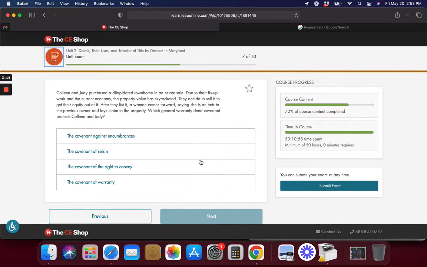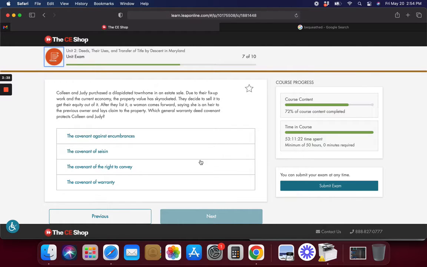If I pass this, it'll be a miracle. Okay. They purchased a dilapidated townhome, which means fallen apart, in an estate sale. Due to their fix-up work and current economy, the property value skyrocketed. Did they decide to sell it to get the equity out of it? And after they listed, of course, here comes a woman saying she's an heir.